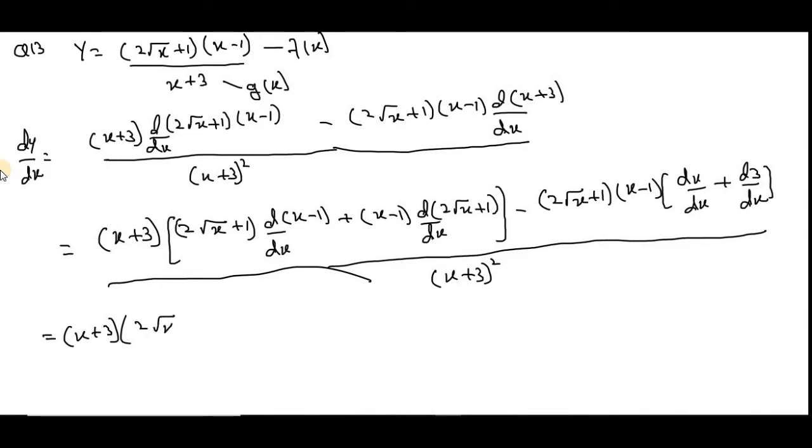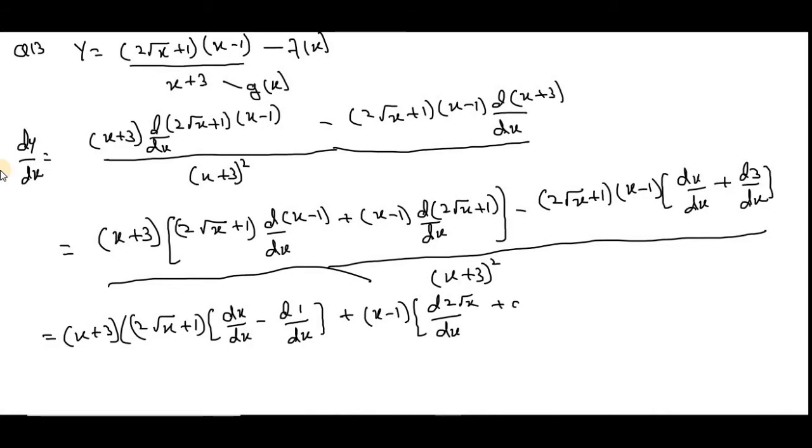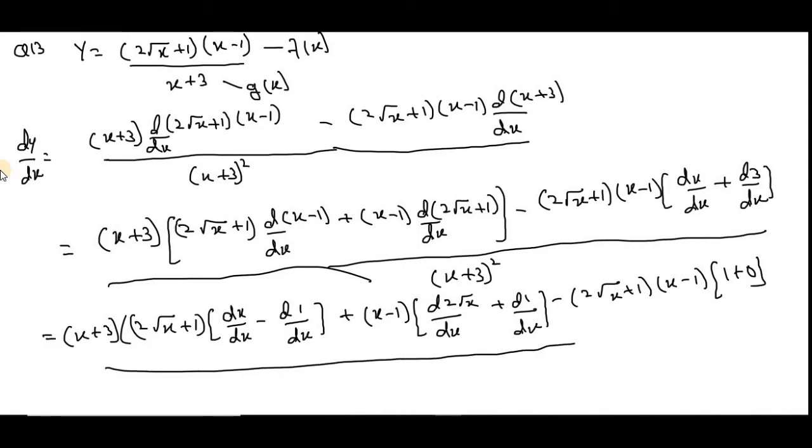So (x + 3), (2√x + 1) dx over dx minus d of 1 divided by d of x, plus (x − 1) d by dx of 2√x plus d by dx of 1, minus (2√x + 1)(x − 1), 1 plus 0.